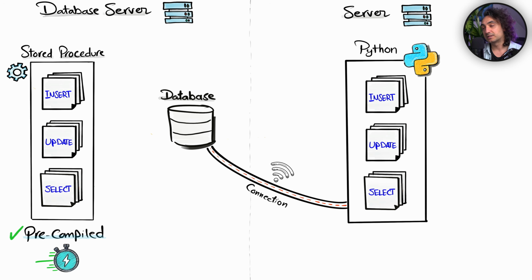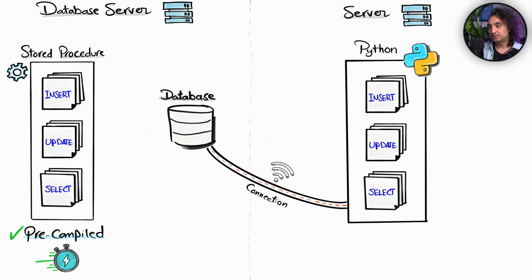So if you store your SQL statements inside a stored procedure in the database, it is very close to the database, and the database knows everything about your scripts and is ready to execute them. But if you put all your SQL statements outside of the database, of course the database has no chance to understand what is coming, so it cannot compile anything until Python sends the code to the database. So this is another advantage for the stored procedure.